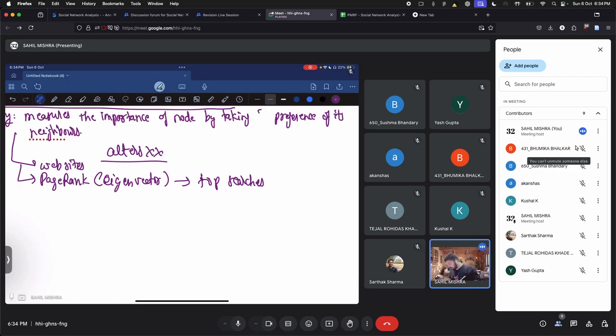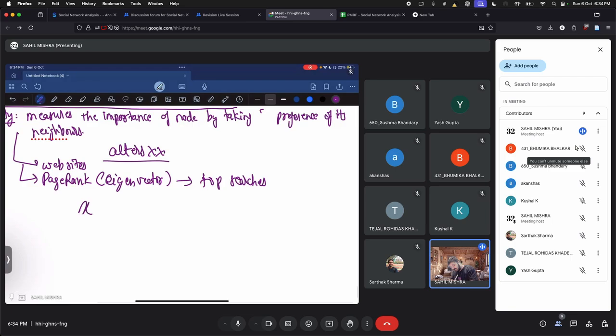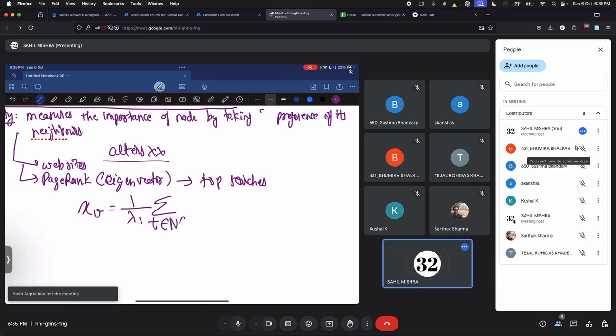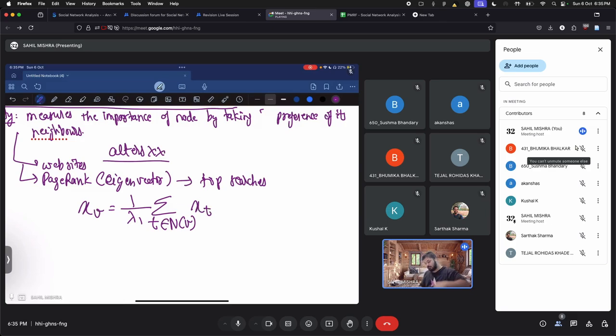So eigenvector centrality of a node v is measured this way. You have 1 by lambda 1, then you have summation over t, where t is a neighbor of v, and you take the eigenvector centrality of this t.